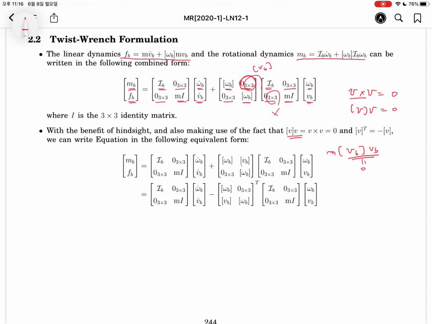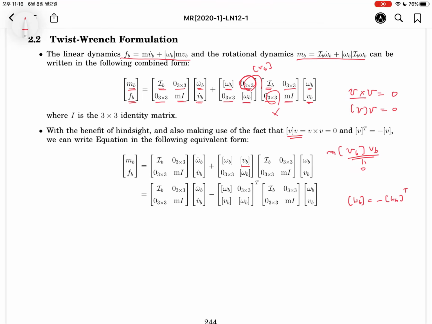So we will add this term, and maybe you know that the omega_B skew symmetric form is equal to minus omega_B skew transpose. The transpose of a skew symmetric matrix will produce the minus sign.